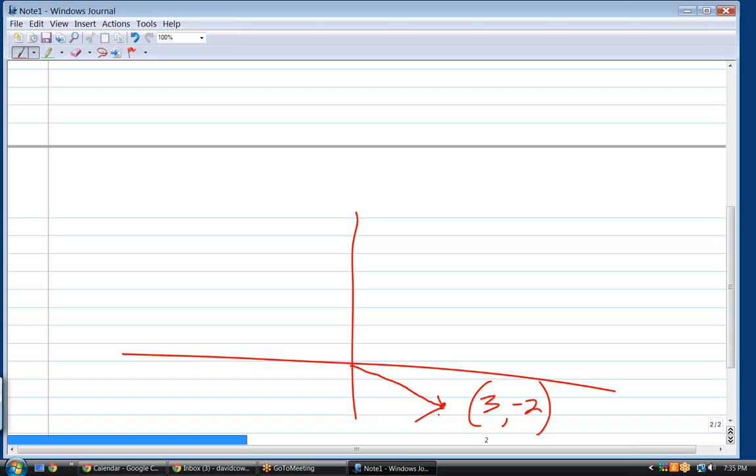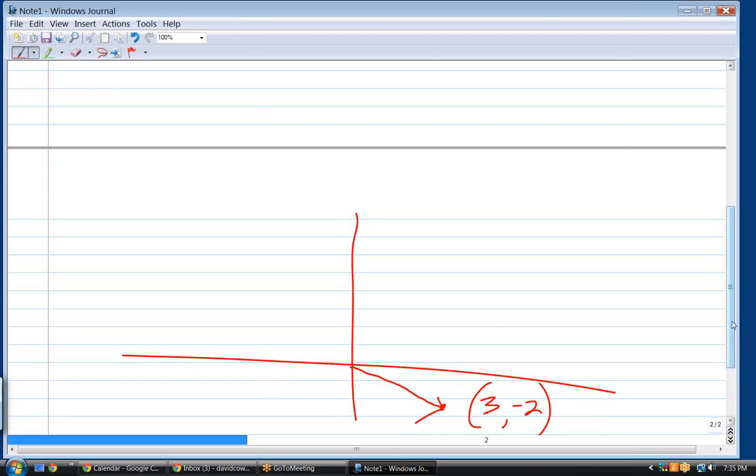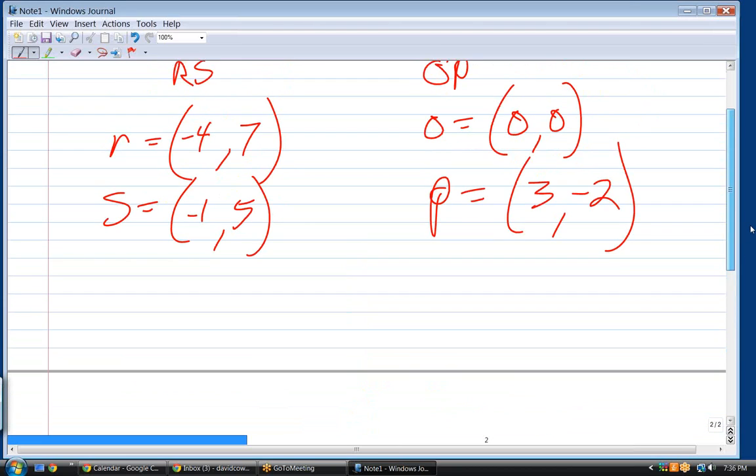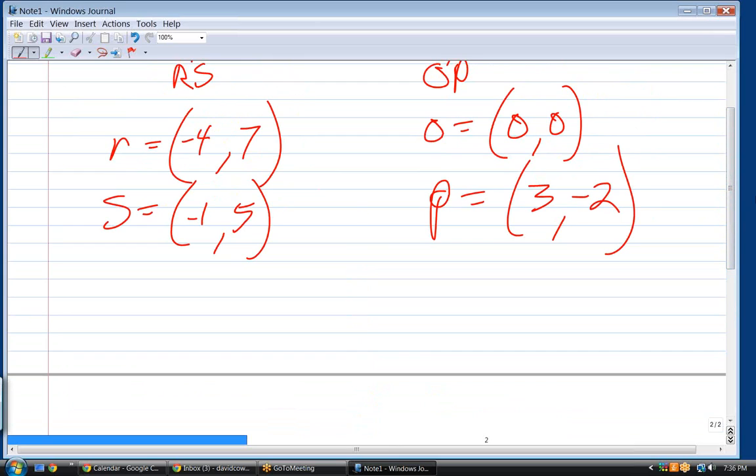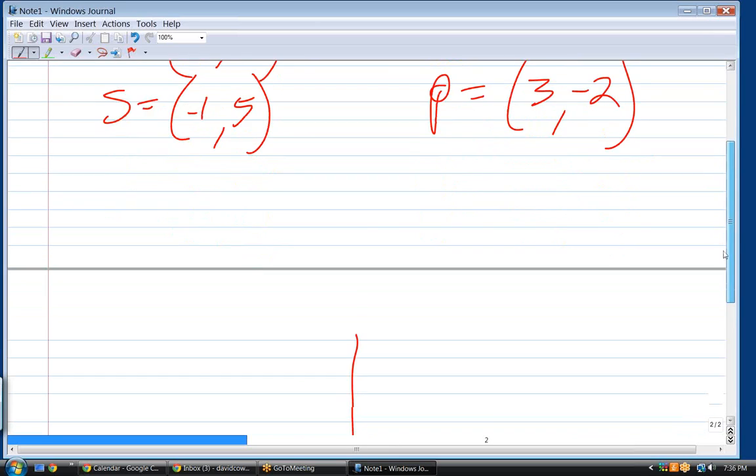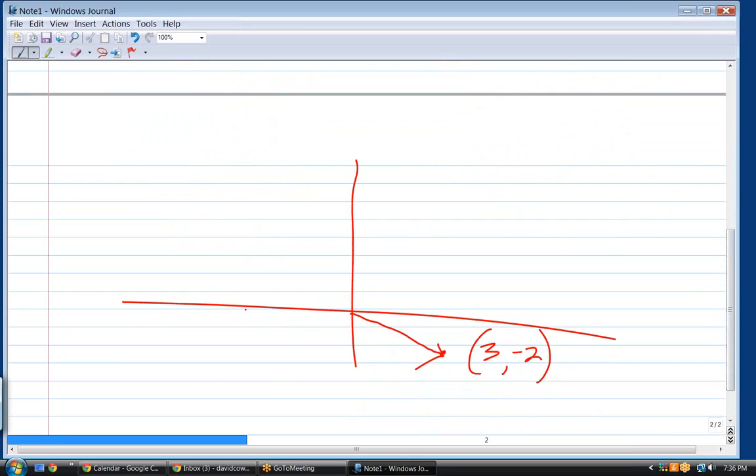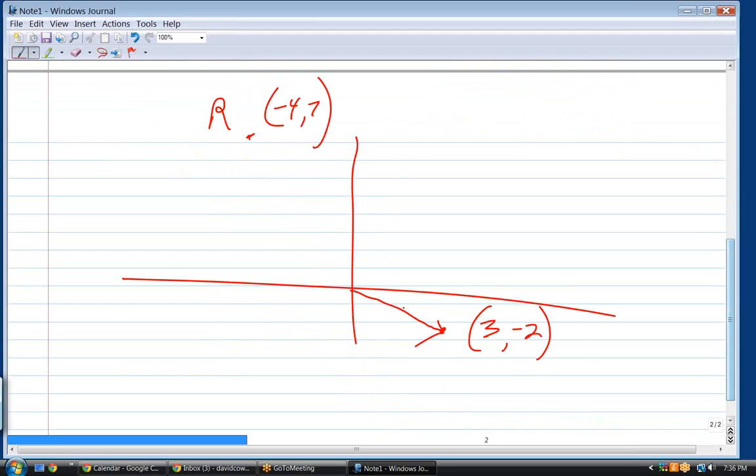So that's that vector. And what they want is, let's draw R and S. R is (-4, 7). Put it right there. And S is (-1, 5).